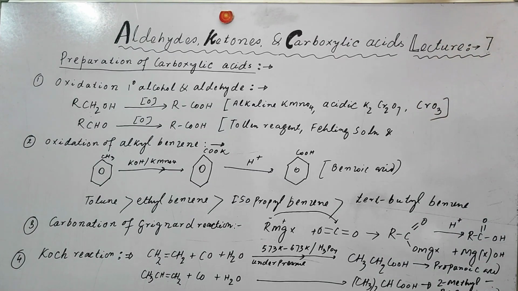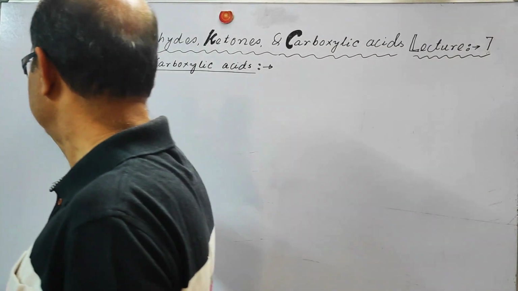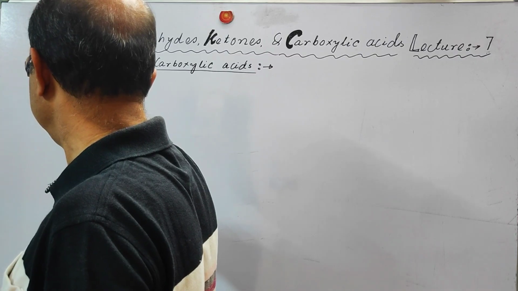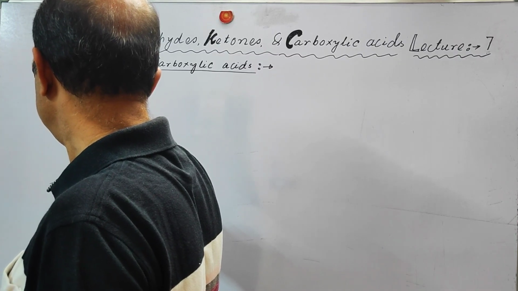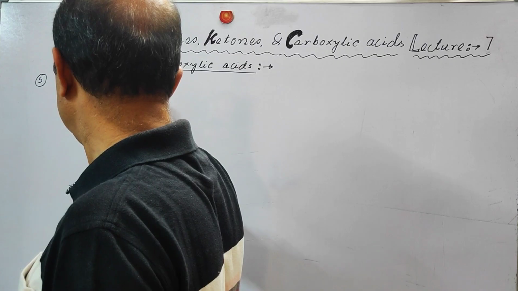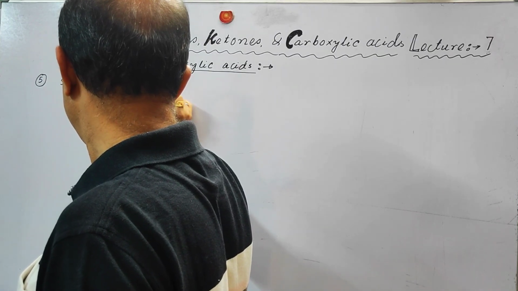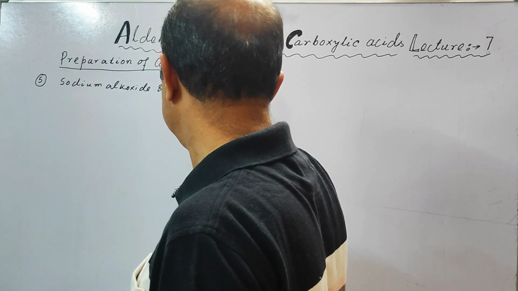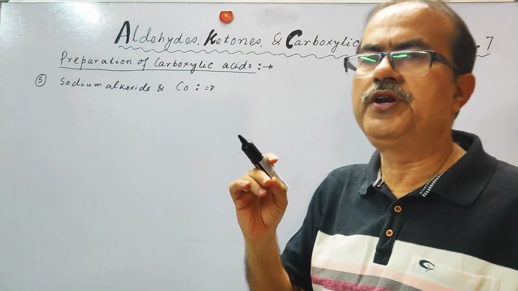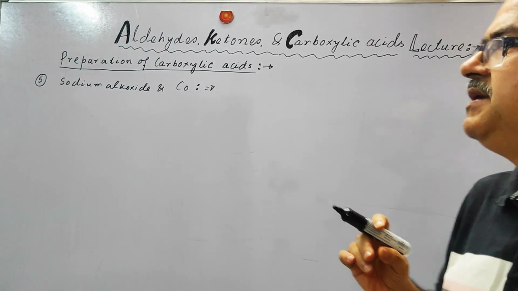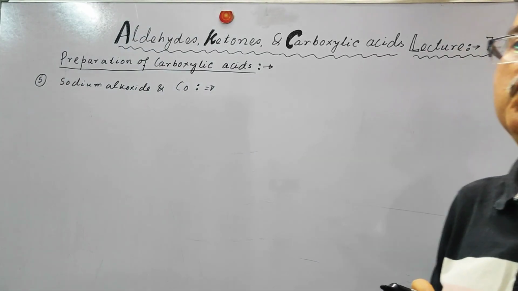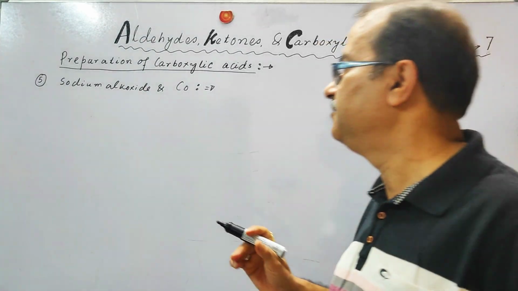So we have understood 4 reactions by which we can produce carboxylic acid. The next one is between sodium alkoxide and CO, carbon monoxide. When a suitable sodium alkoxide is heated under pressure with carbon monoxide, it is going to produce the carboxylic acid.